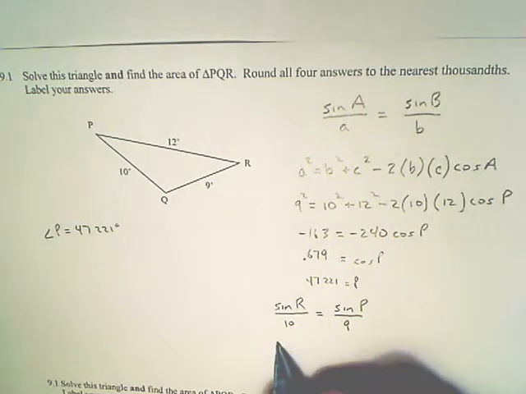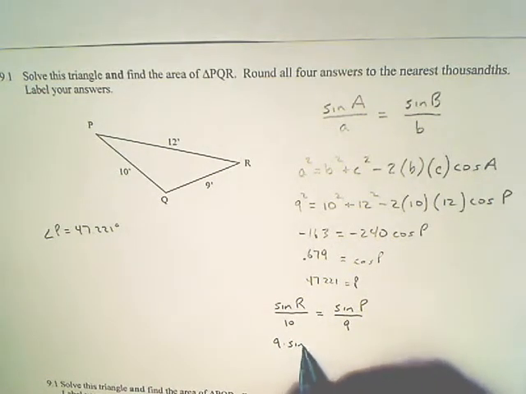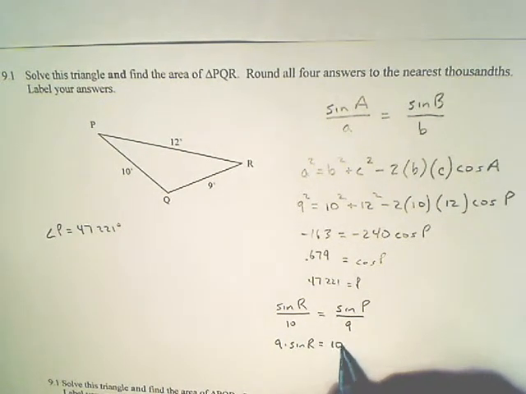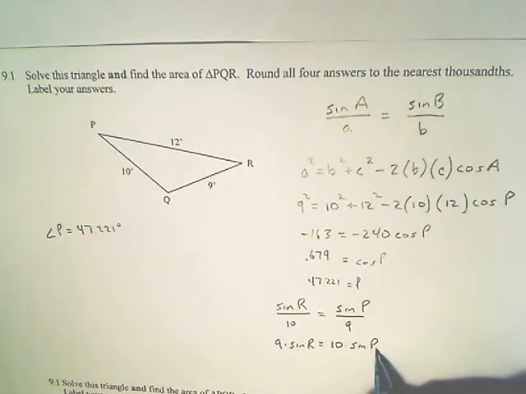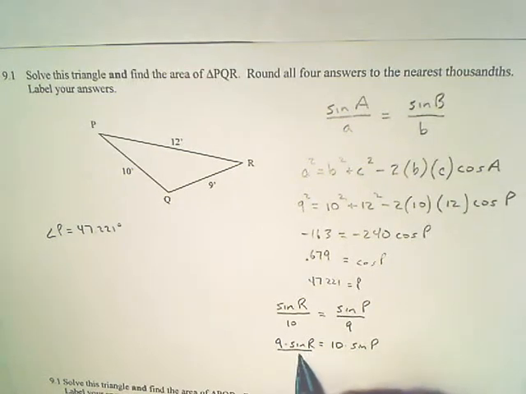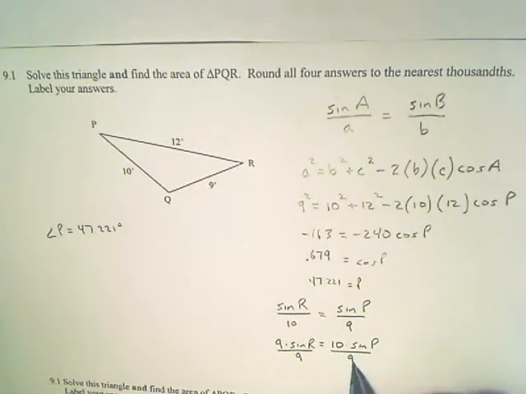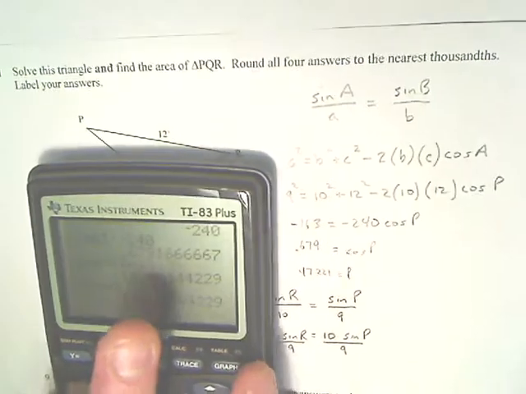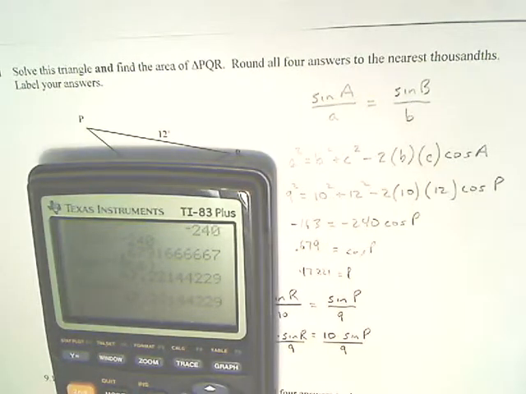If we cross multiply here, we have 9 times sine R is equal to 10 times sine P. Sine P we already have stored on our calculator. Divide by 9 to get the R by itself. So I need to punch 10 times sine of X, which is what I've stored, divided by 9.